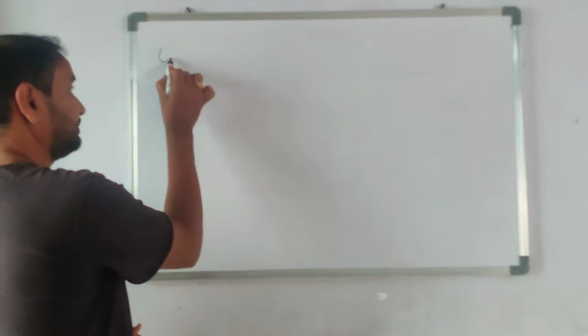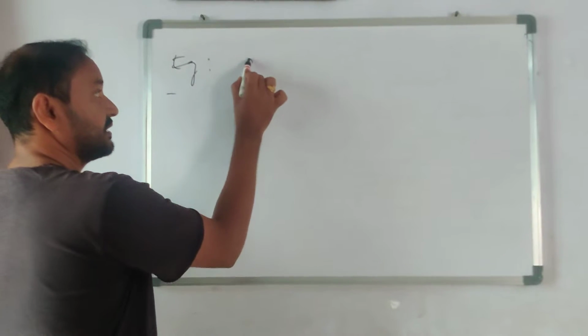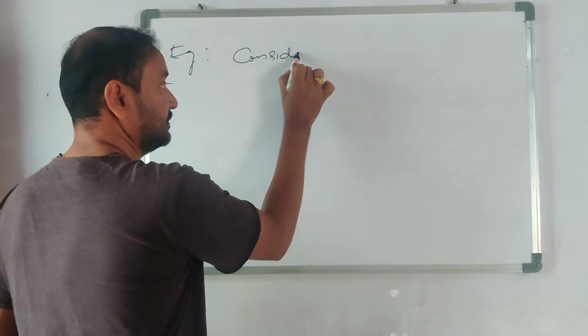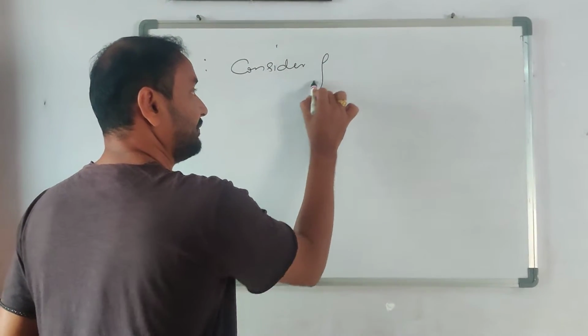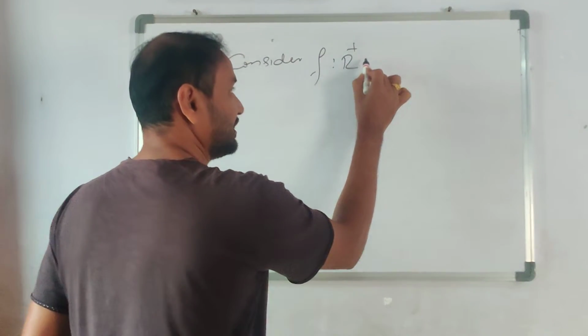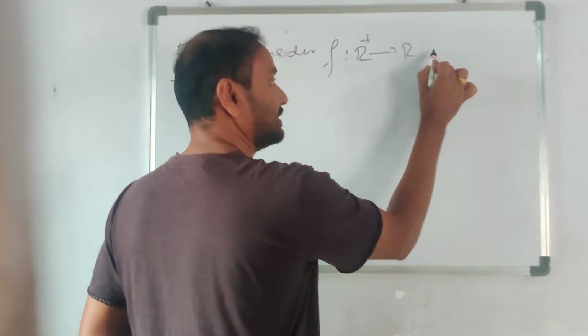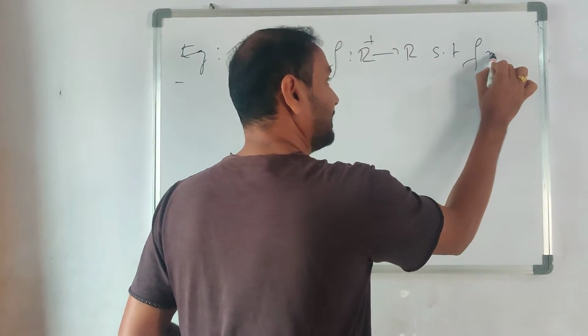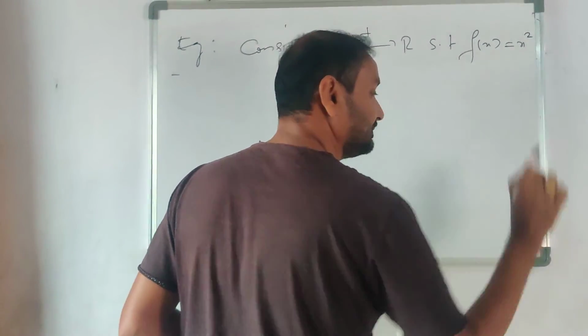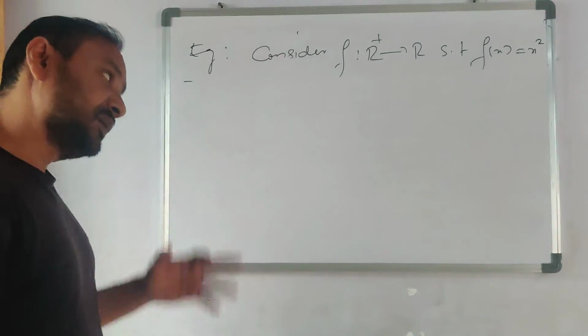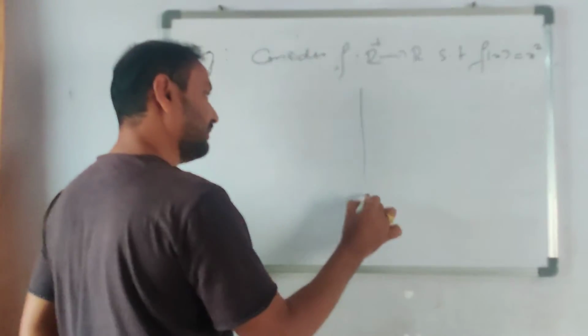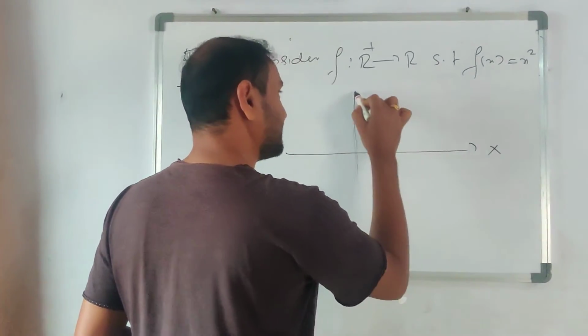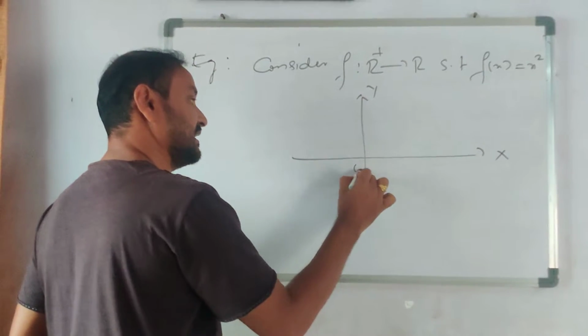Example. Consider f from R plus to R such that f of x equals x square. Now draw the graph. This is the x-axis, y-axis, this is the origin.